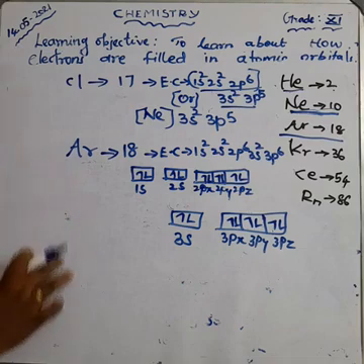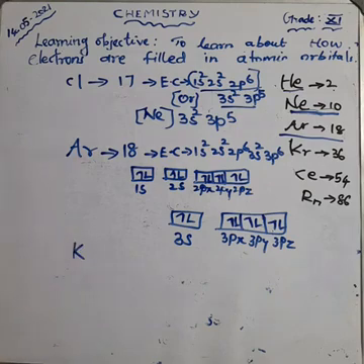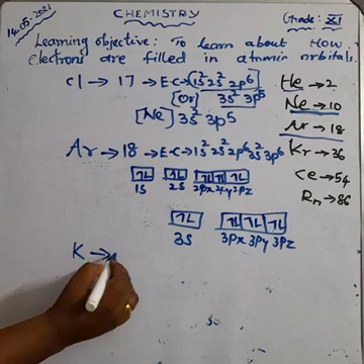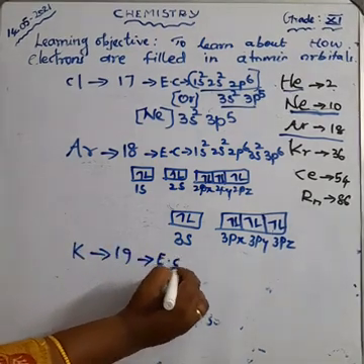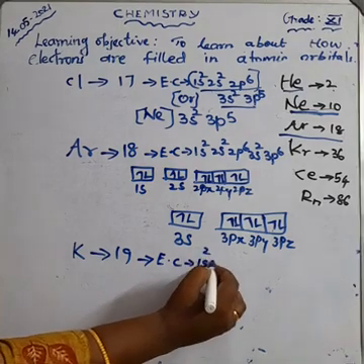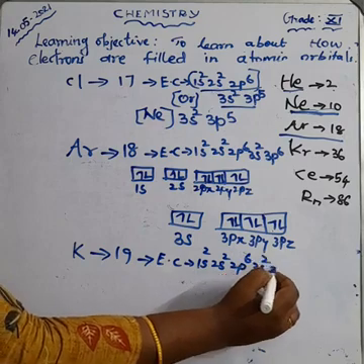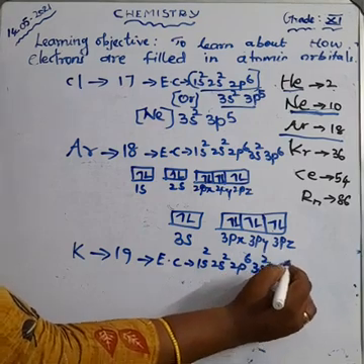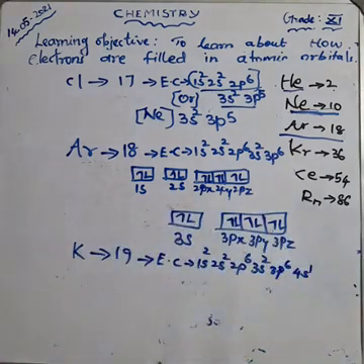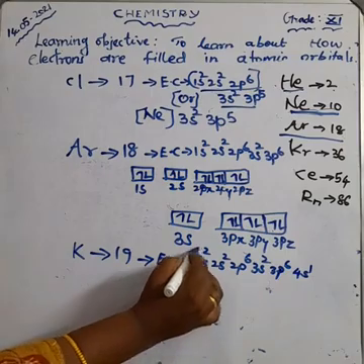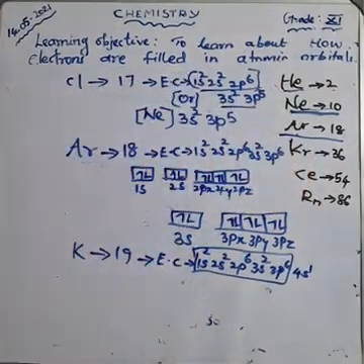Okay, another, the 19th element, potassium. The atomic number for potassium is 19. Electronic configuration: 1s2, 2s2, 2p6, 3s2, 3p6 and 4s1. Okay, instead of these 18 electrons, we can take argon.